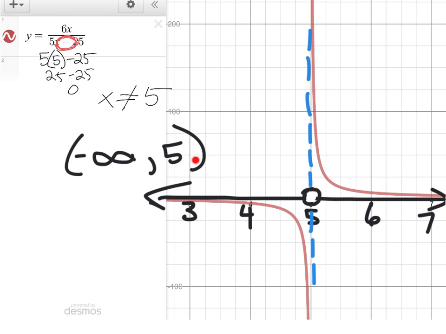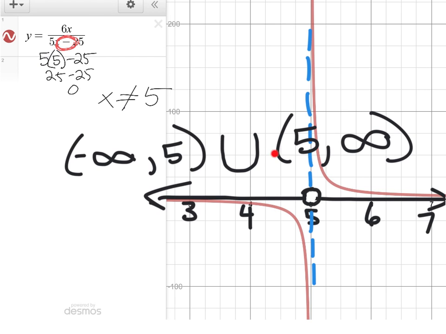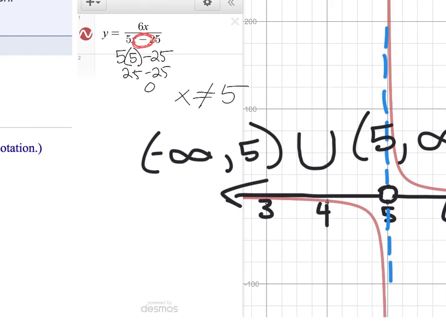So that's why it's a soft bracket. And it's the union symbol. x is allowed to be everything from 5 up to +infinity, but it's not allowed to be 5, and it will never reach +infinity. So this is your interval notation.